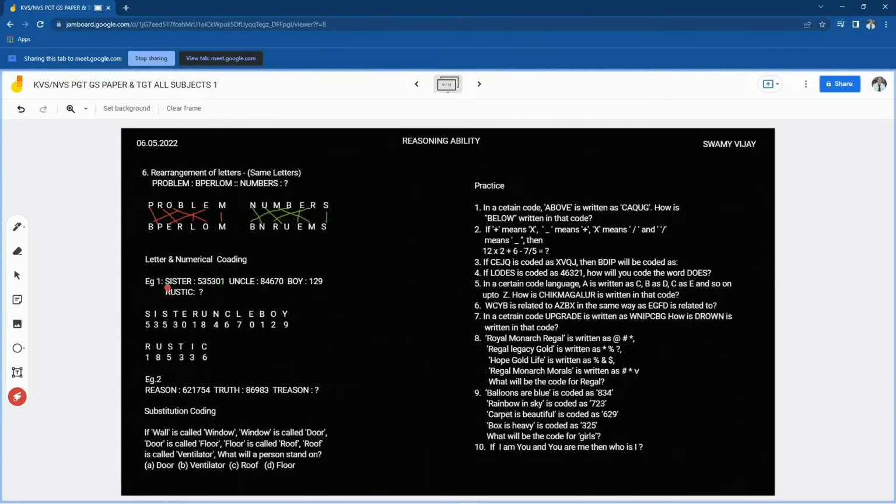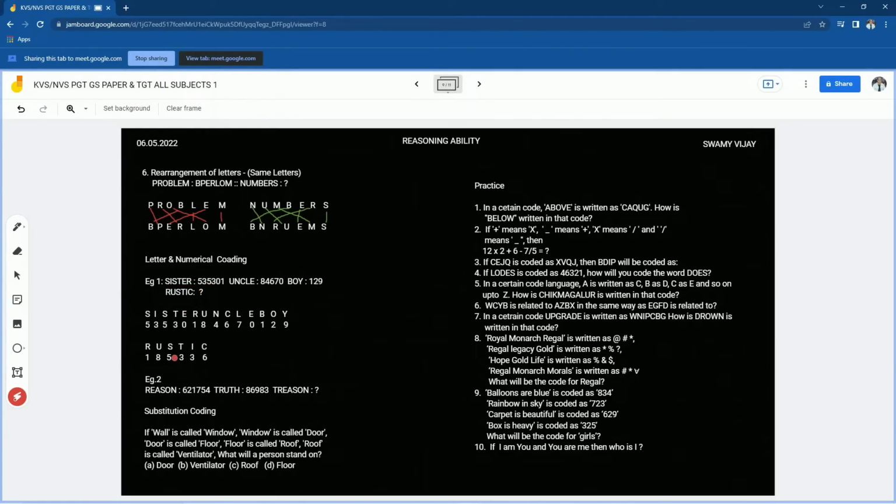In this question, sister is written as 535301, uncle is written as 846705, and boy is written as 129. Then how would rustic be written? What would be the number for rustic?